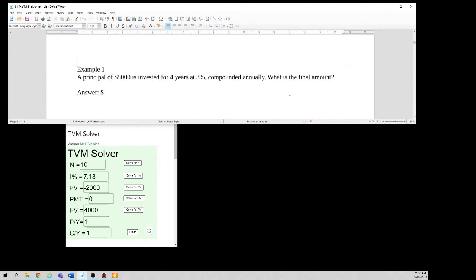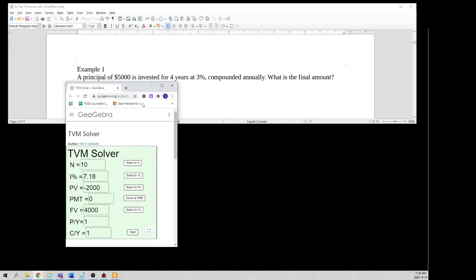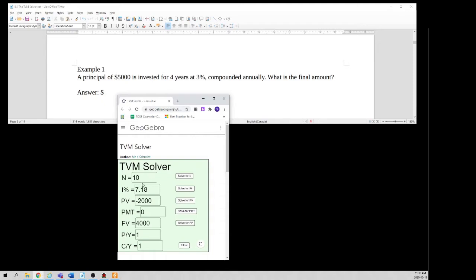So we've seen this type of question before. A principal of $5,000 is invested for 4 years at 3% compounded annually. What is the final amount? So the TVM Solver can answer this for us very quickly. So in this case, I'm investing $5,000, and it is for 4 years at 3%, compounded annually, and I want the final amount.